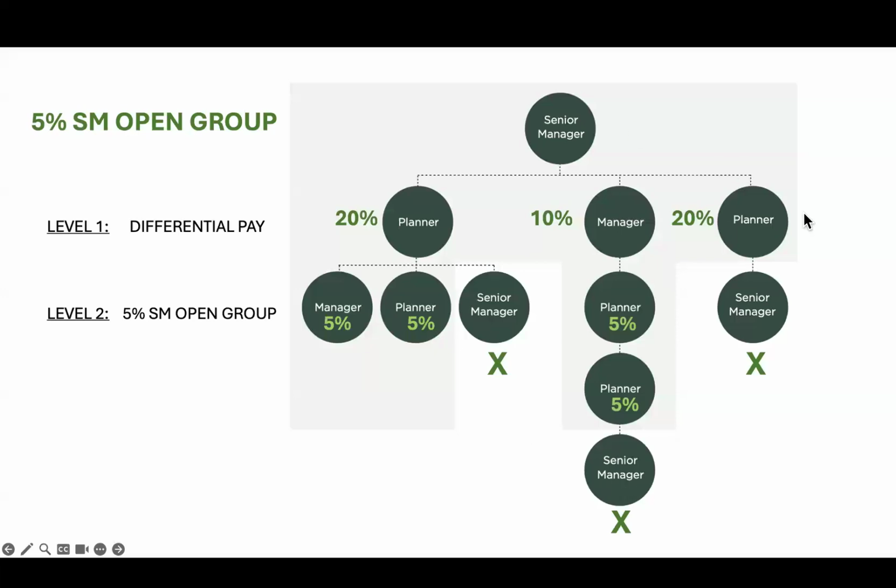I will only be compensated on my frontline senior manager at 5%. And as a 5% SM open group, meaning anywhere from your second level and beyond where there are no senior managers in that leg, every single manager and planner that is in your SM open line, you're getting 5%. Okay. I want to be very clear about that.